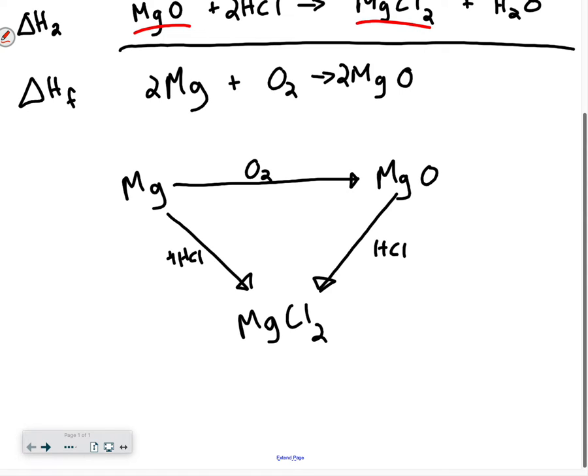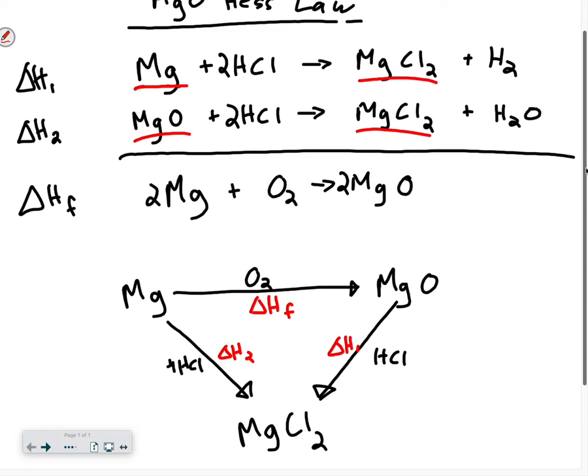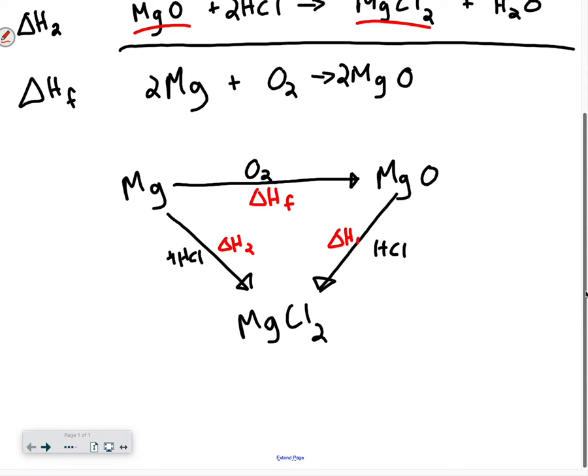If this is our delta HF, and if we find delta H of 1 and then delta H of 2, hold on, did I get those backwards? I did get those backwards. Let's get the numbers right, consistent. If this is delta H of 1, and this is delta H of 2, what you find is clockwise arrows equal counterclockwise arrows, right? So here we have the clockwise arrows.